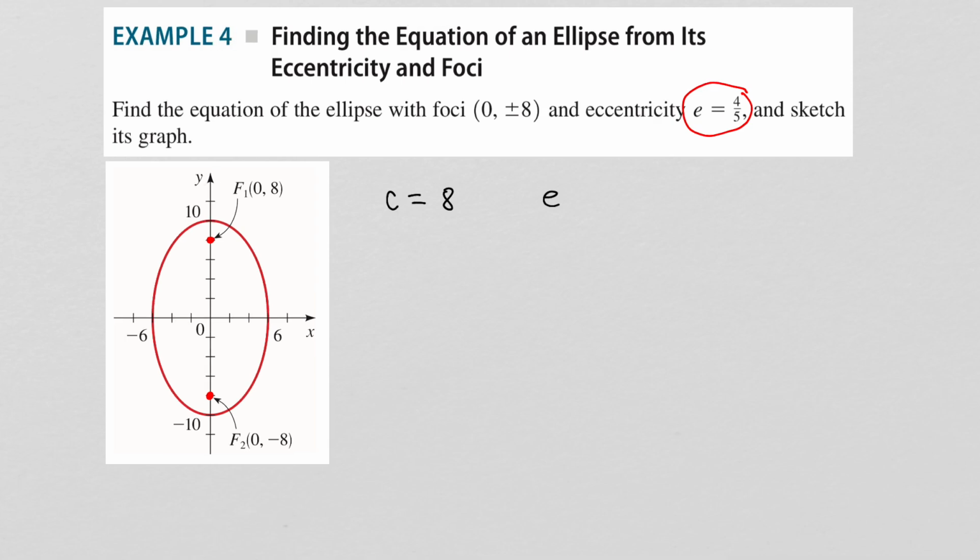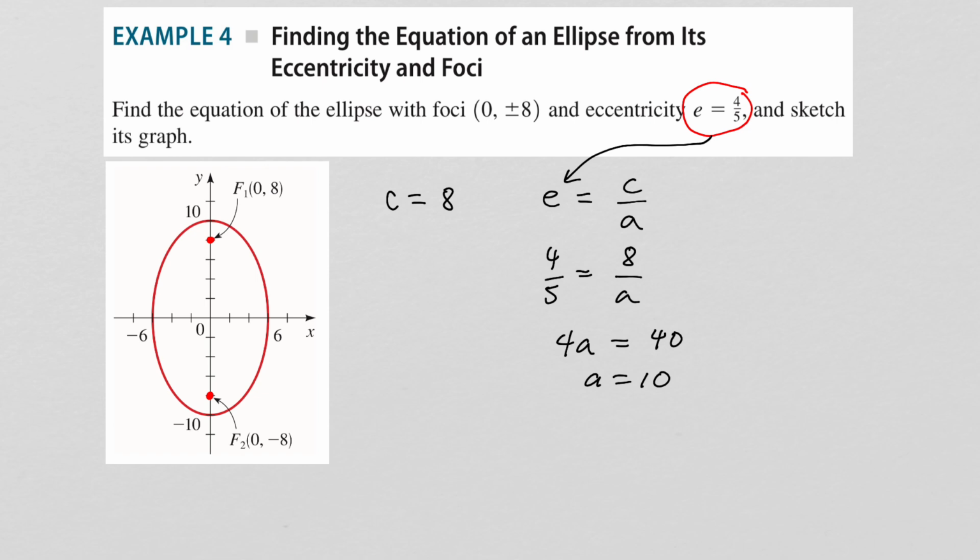And we also know that the eccentricity is C divided by A. So if the eccentricity is 4/5, and if C is equal to 8, this allows us to solve for A. And if we cross multiply, we can find that A must be 10.